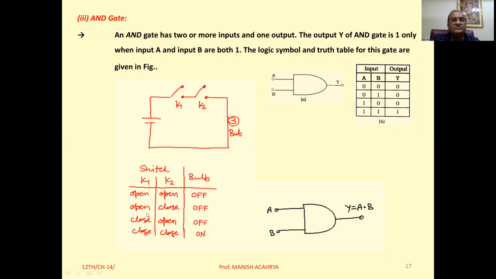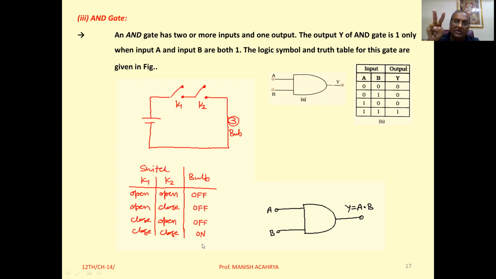If K1 is open and K2 is closed, then also the circuit will not be completed and the bulb will be off. Then if K1 is closed, K2 is open, then also the bulb will be off. And if both the keys are closed, then the circuit will be completed and the current will flow through the bulb and the bulb will be on.